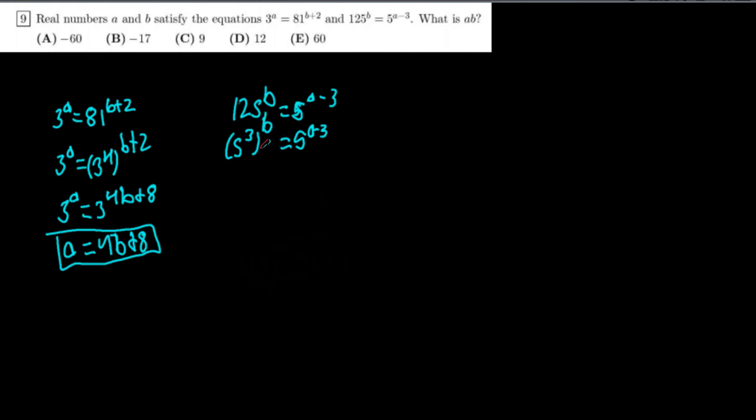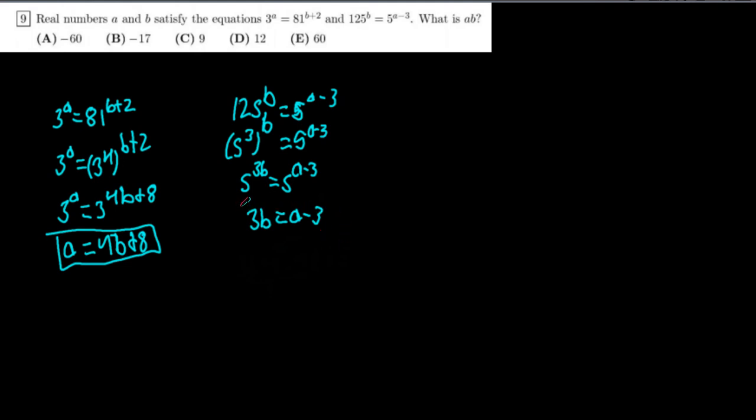Since we have a power to a power, we have to multiply them. So we get 5 to the power of 3b. This equals 5^(a-3), since we didn't do anything here. Again, since we have the bases the same, we can write our second equation, 3b = a - 3.